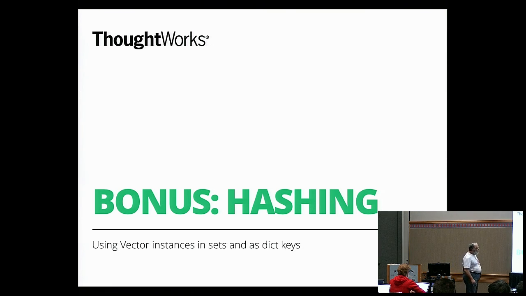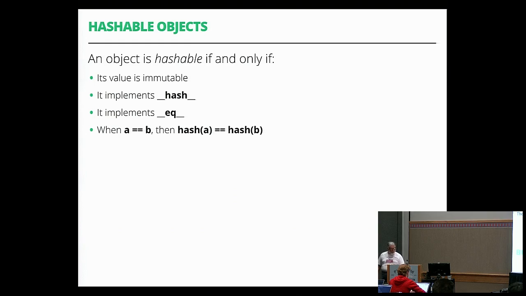If I want to be able to use vector instances in sets, I want to create a set of vectors, then I need them to be hashable. And the same requirement applies if I want to use a vector as a key to a dictionary, right? So let's see how to implement hashable objects.